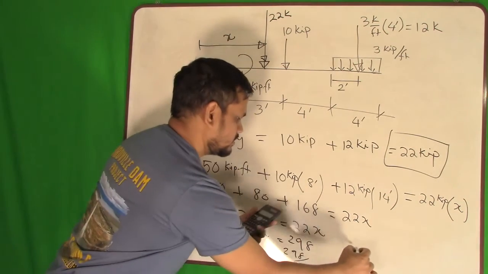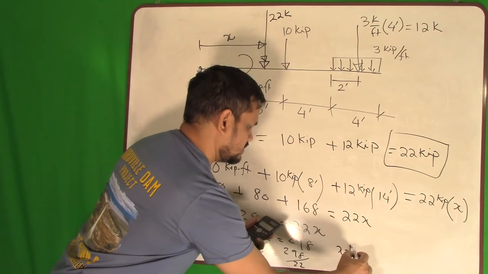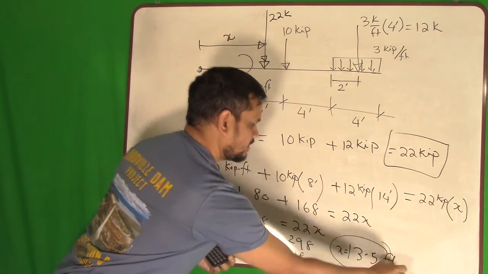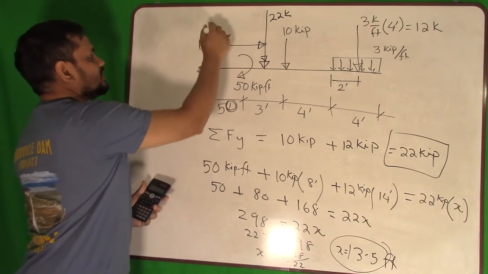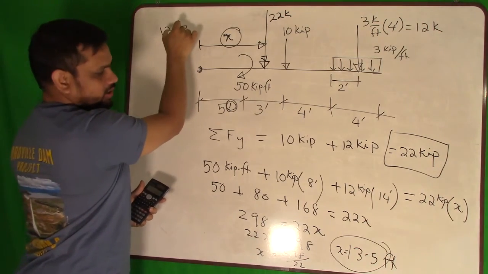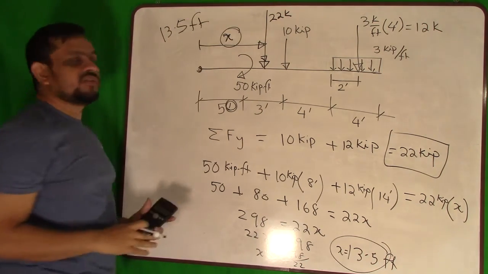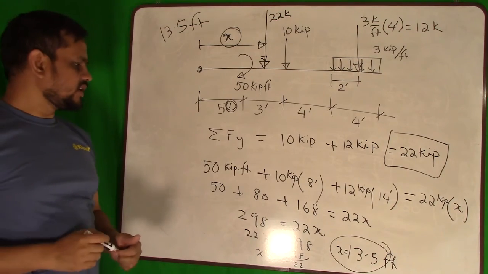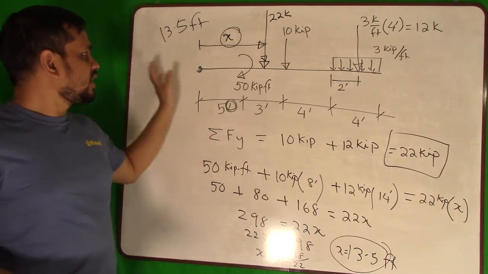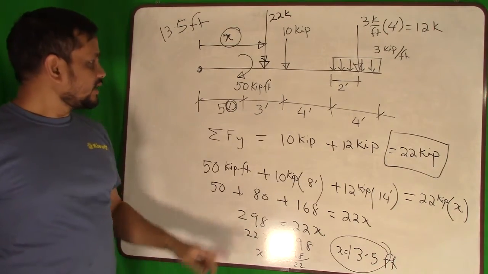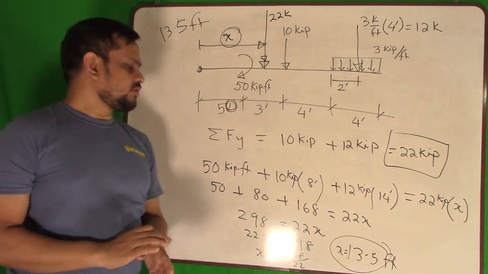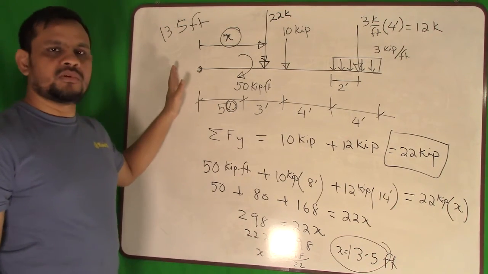We got x as 13.5 feet. That means if I remove all the forces and moments and replace them by 22 kip, it will act at 13.5 feet. So that is how to find the resultant of non-concurrent forces.